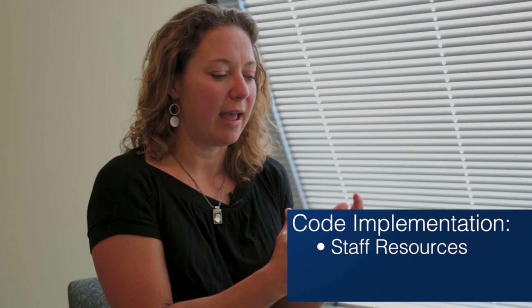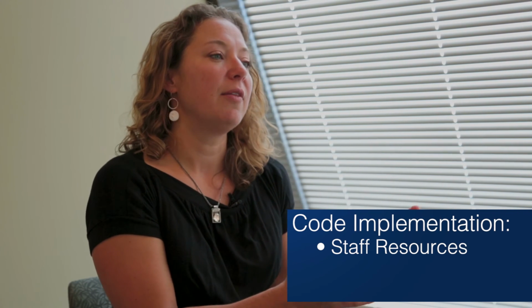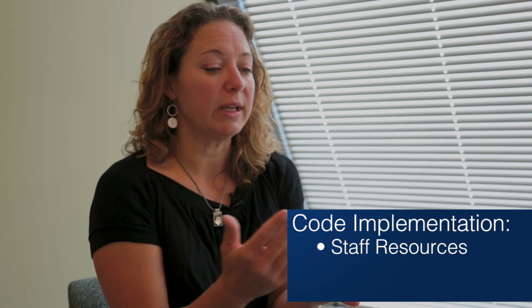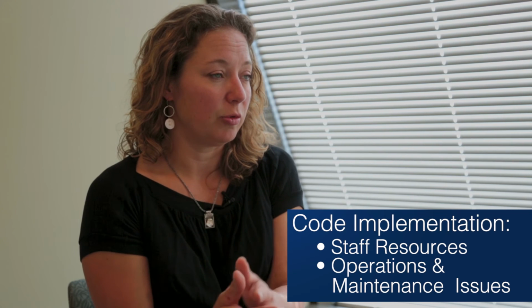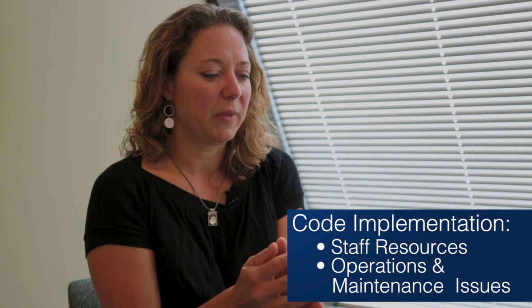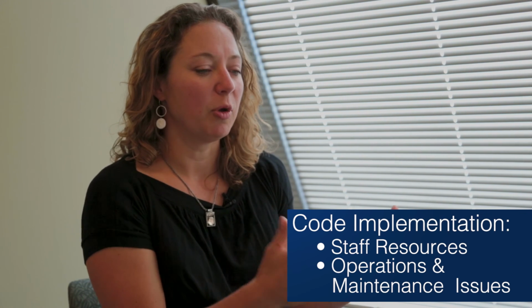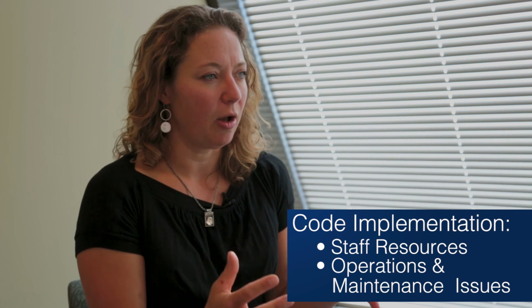There's a surprising number of places deep down into our rules and regulations that need to get updated, and so there's that allocation of resources, and then there's the long-term impacts of stewarding all of those assets that we're putting into the ground. So either operations and maintenance and physically maintaining them, or inspecting and making sure that other people are doing that maintenance. And so it's not just a one and done, it's a long path, and it will take multiple cycles of updates to really get at all the pieces.